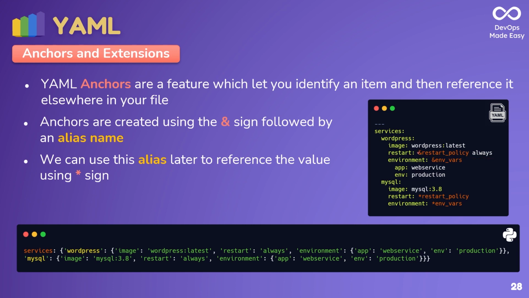Then I'll use this restart colon always key value somewhere by giving star and then the name. Anchors are always for the values, guys. This always value I want to refer to in many places, that's why I'm giving it an alias name called restart policy and creating an anchor using ampersand. Then I'll use this always value at this position by referring to this alias name and using star.